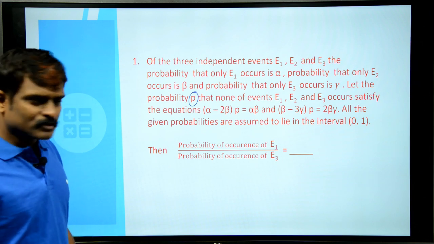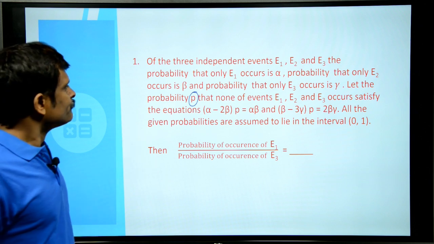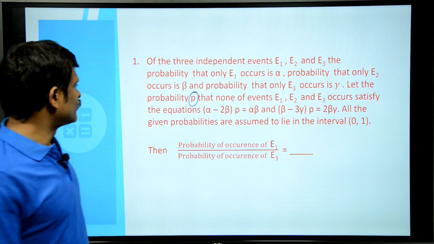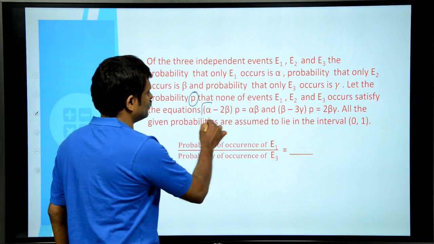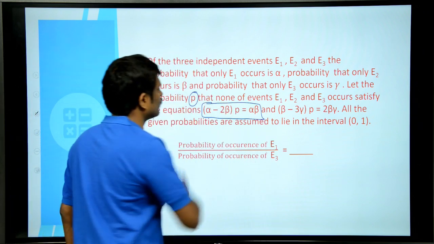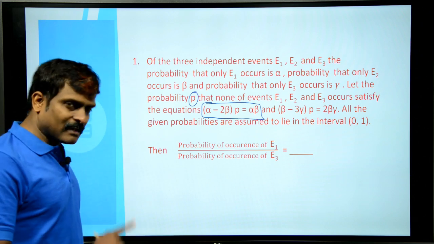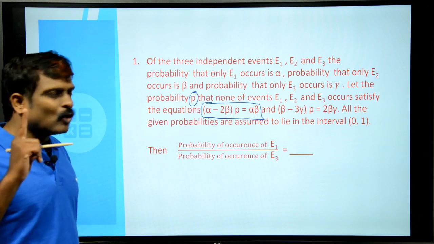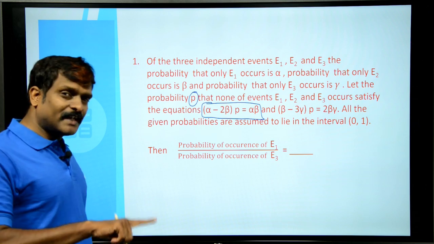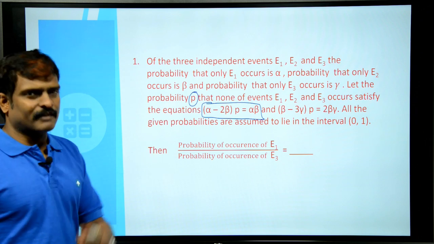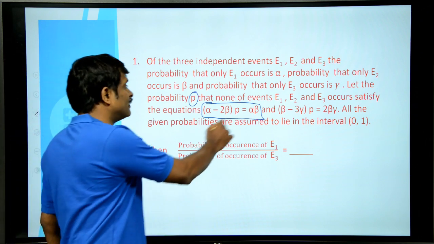This probability satisfies two given equations. One is alpha minus 2 beta times P, where alpha is the probability when only E1 happens, beta is the probability when only E2 happens, and P is the probability when none of them happens. That value is equal to alpha beta.